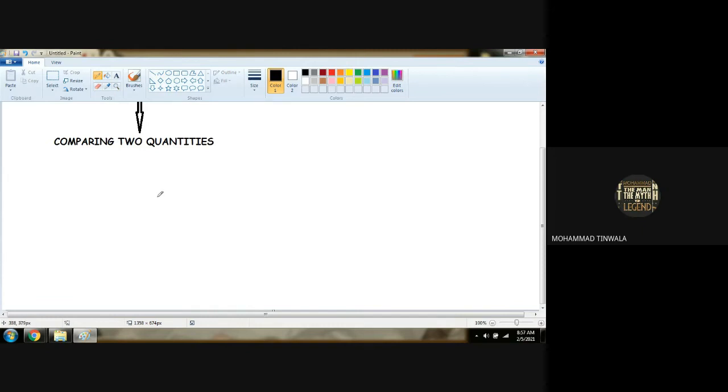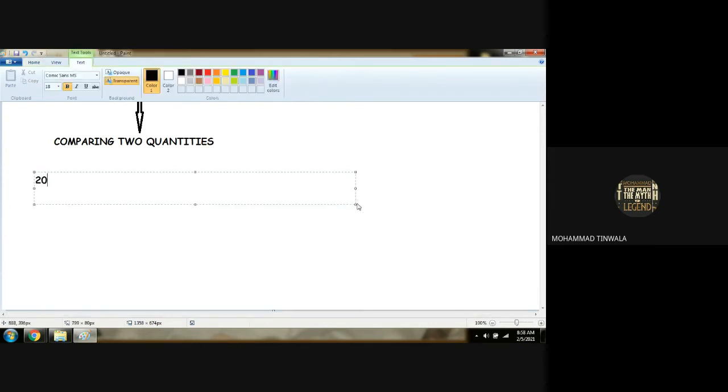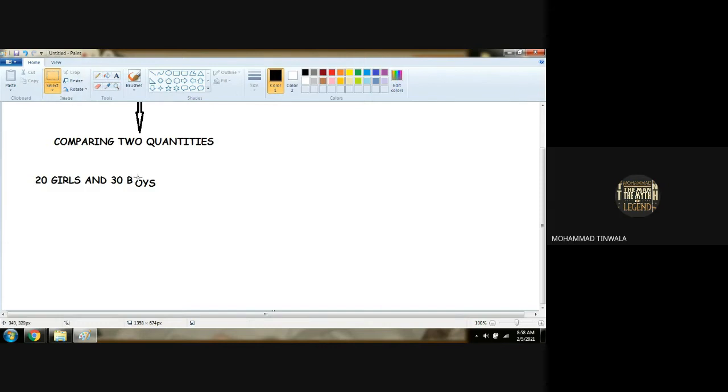For example, if in the class there are 20 girls and 30 boys. Barabar? So now the concept is: what is the ratio of girls to boys in the class?